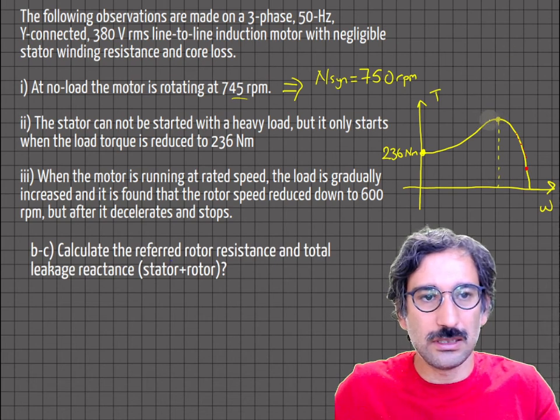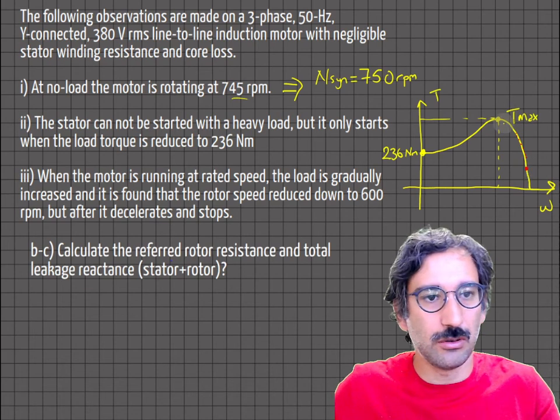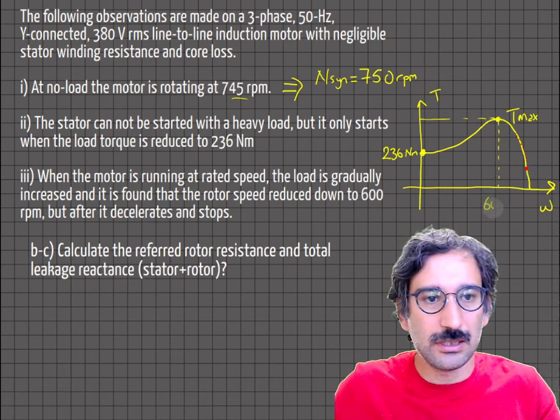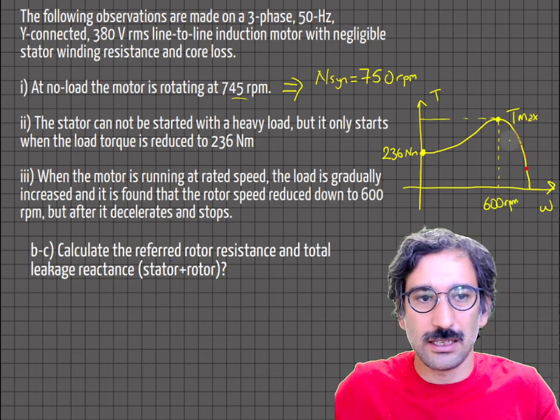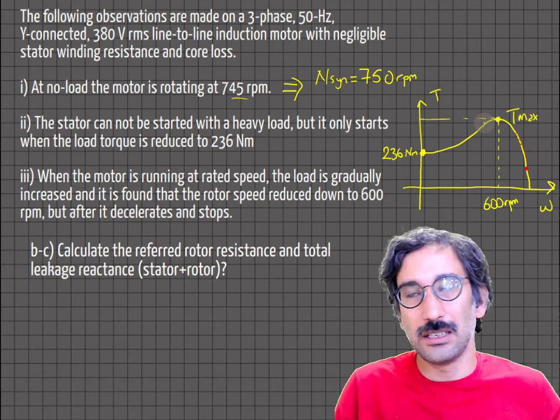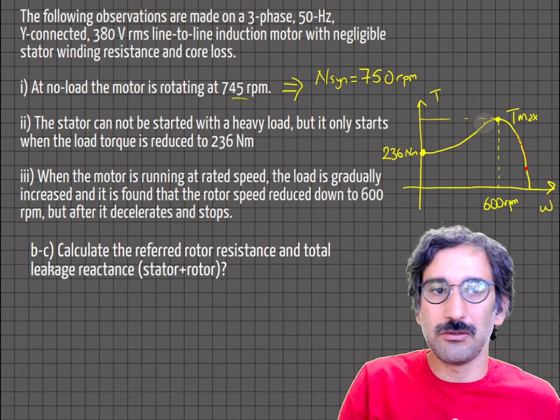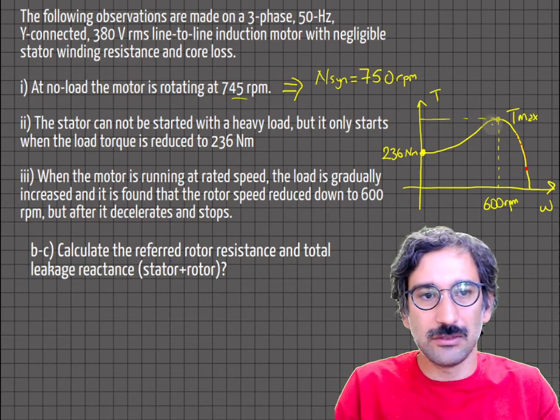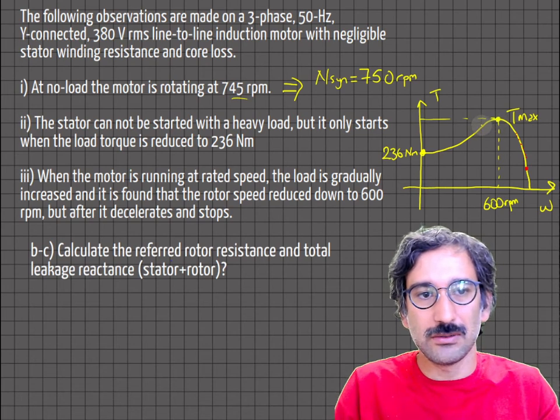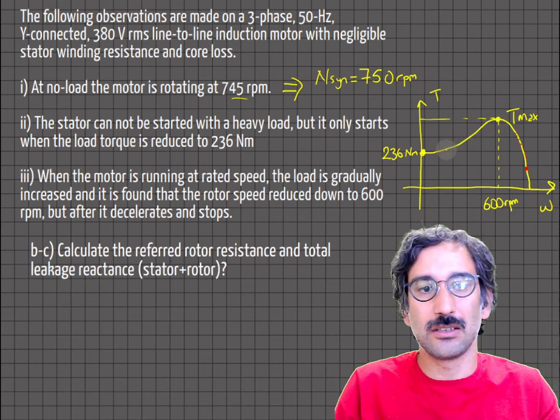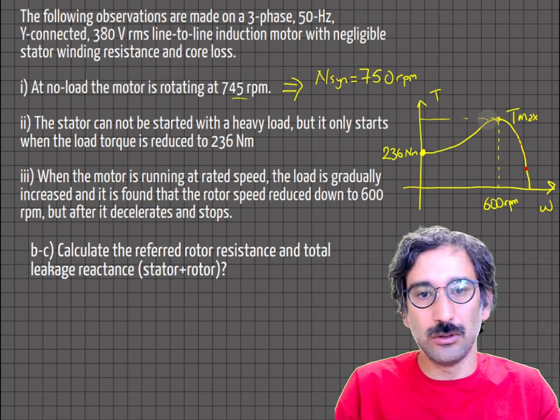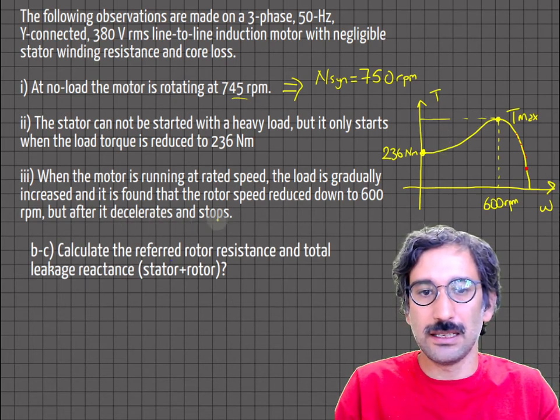This is where you have T max. We don't know that value yet. At that point the speed was 600 rpm. If you increase the torque up to 600 rpm, the induction machine is managing to keep up with the load. However, if you further increase it, then you drop down that curve, and it will start producing less and less torque, less than the load torque. Then it decelerates and stops.